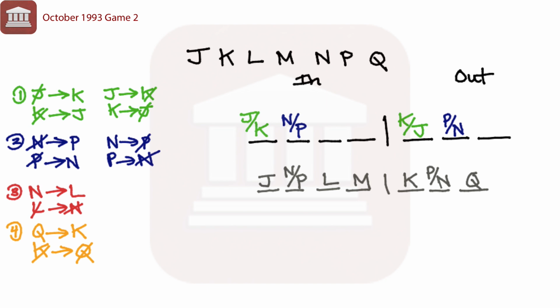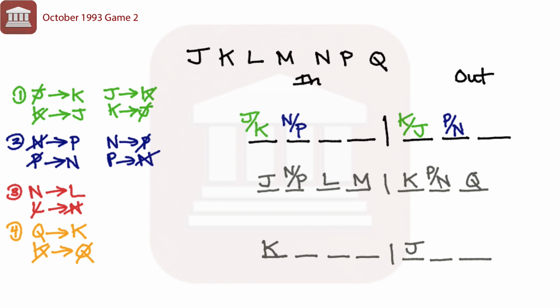But what if, on the other hand, I decided to have K in? Well, notice having K in tells me nothing. K is necessary in rule 4, so it's possible Q is in, it's possible Q is out. But I know if K is in, J is out. Having J out tells me that K is in, but we already knew that, so that's not going to help me.